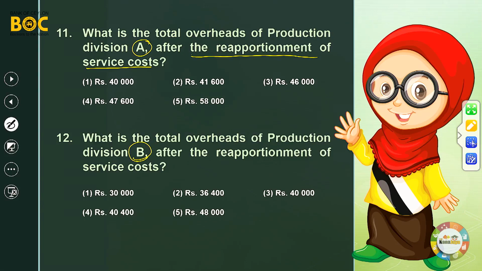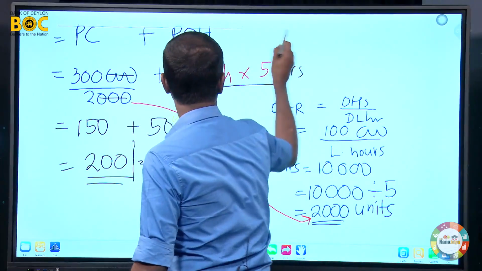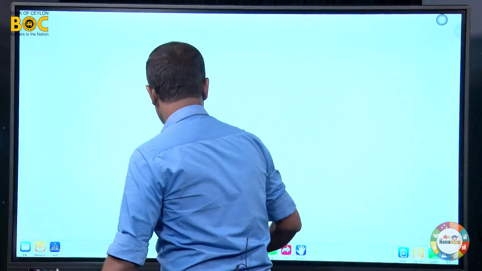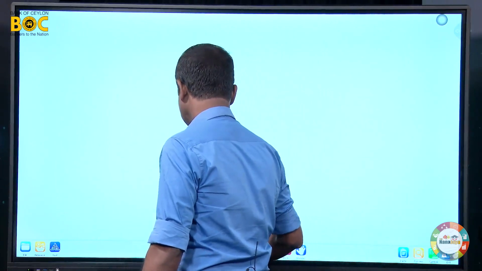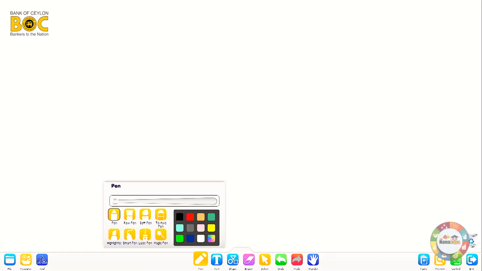So usually you can prepare a small overhead analysis sheet to calculate the overhead cost of these departments. What are the departments? They have 4 departments: Department A, Department B, and the service departments.